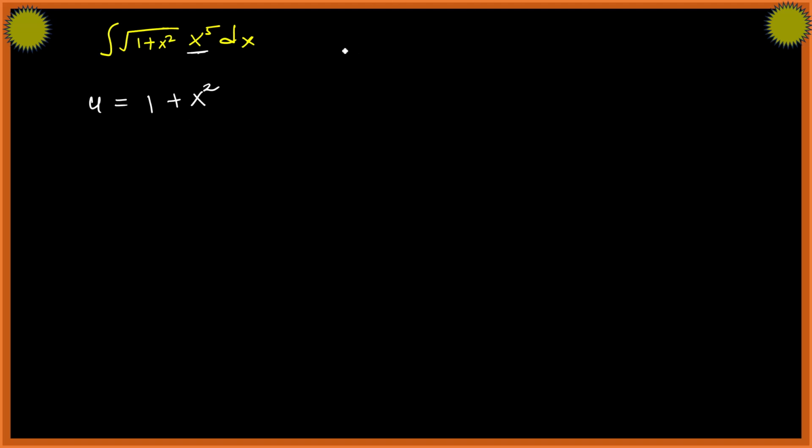So let me write this one as the integral of 1 plus x squared, so we can say x to the power 4 times x dx. The reason is we have x squared here and we can get x squared here, so u minus 1 is the same as x squared.